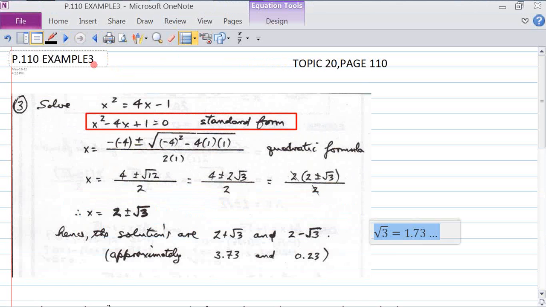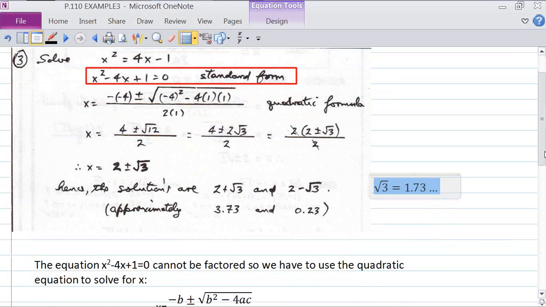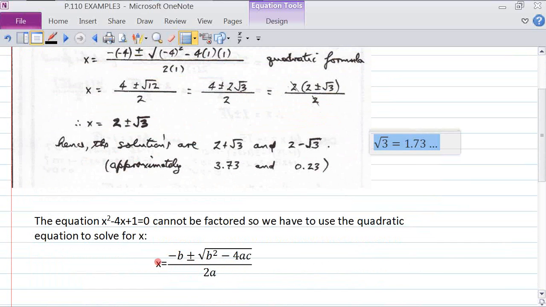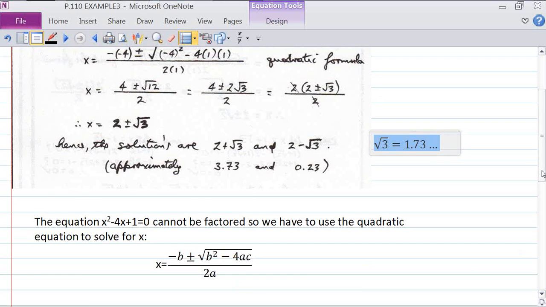Let's go to example 3. x squared equals 4x minus 1. We rewrite this in what is called the standard form, ax squared plus bx plus c equals 0. So in this case, we apply the quadratic formula right here, minus b plus or minus the square root of b squared minus 4ac.